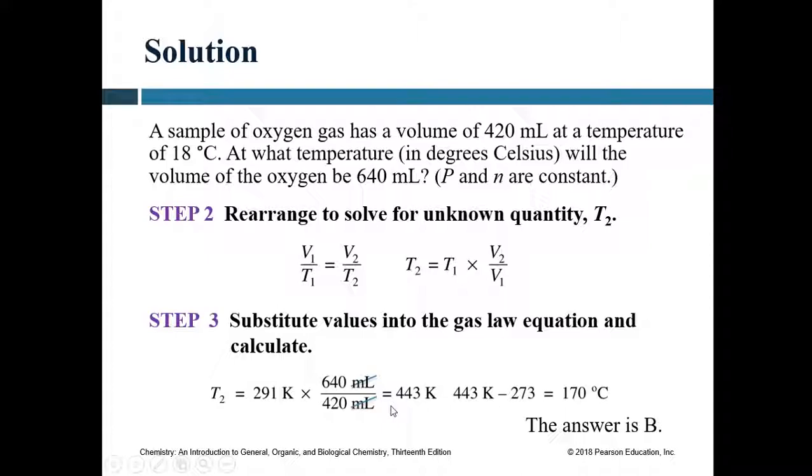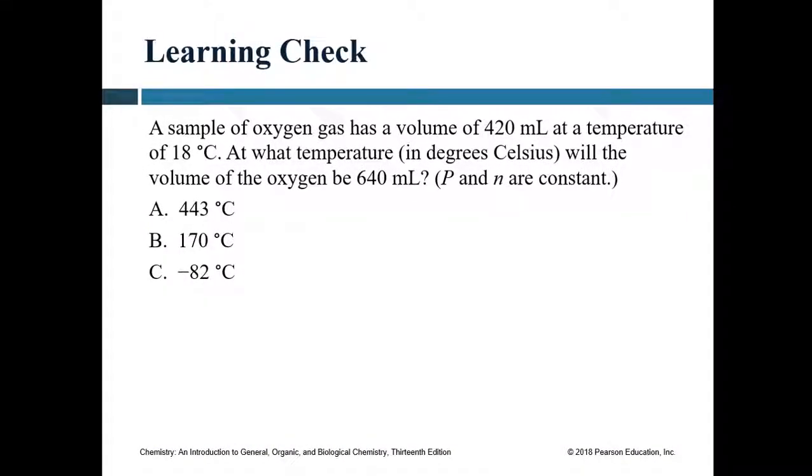And so the first part of the answer is 443 Kelvin for our temperature, but they wanted us to convert it to degrees Celsius, so 443 minus 273 is 170 degrees Celsius. The answer was back here at B.